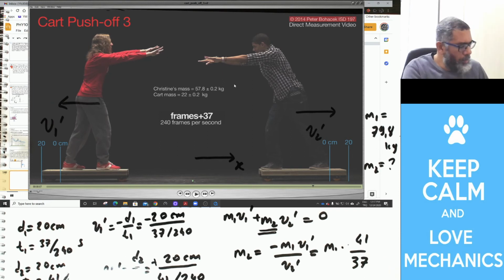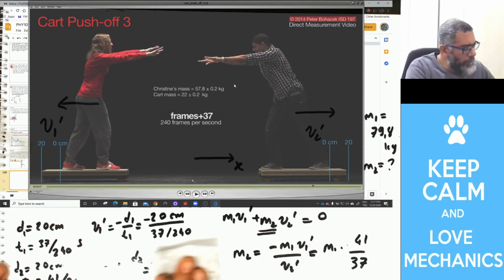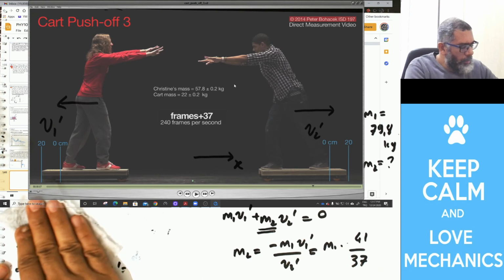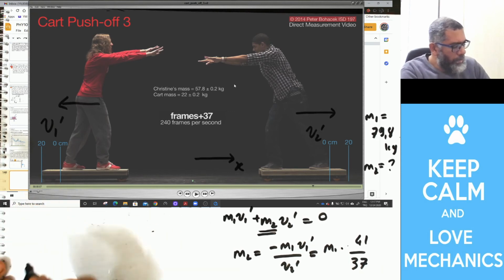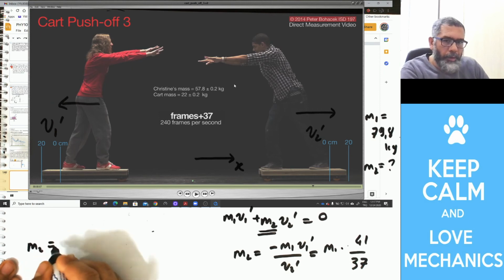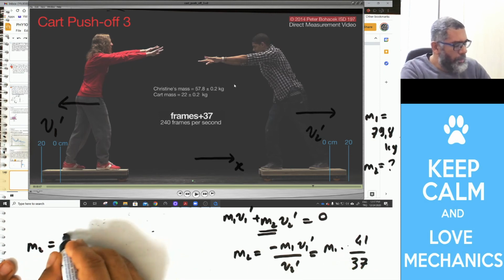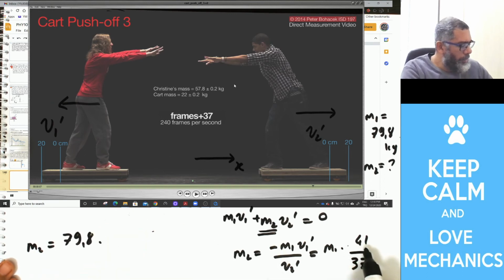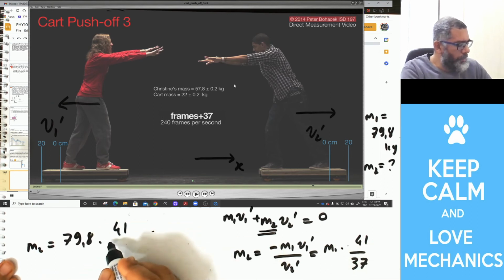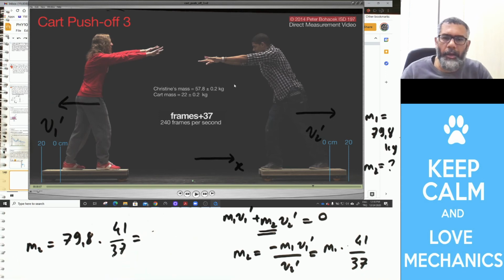Okay, so let's do it anyway. I know what m1 is: 79.8 multiplied by 41 divided by 37, and I will just do this on my calculator.